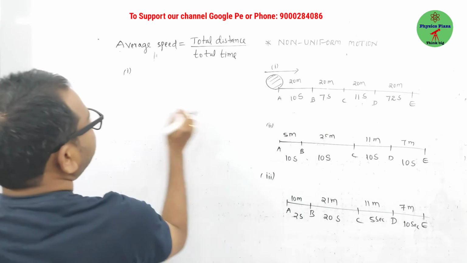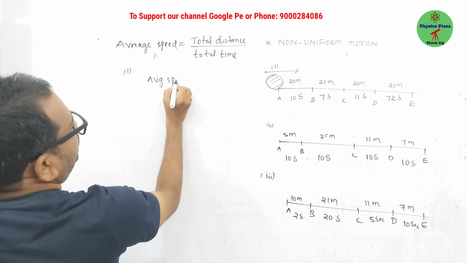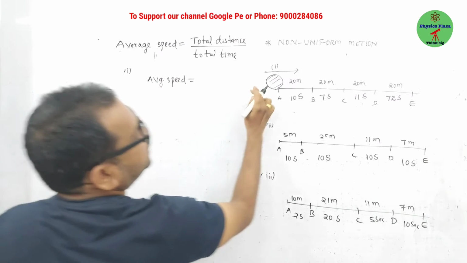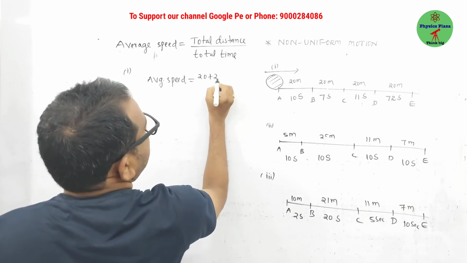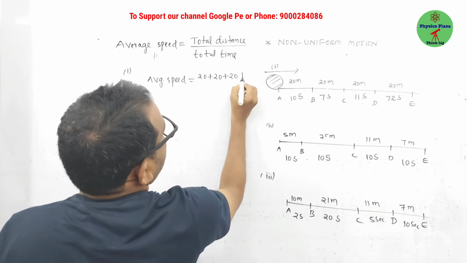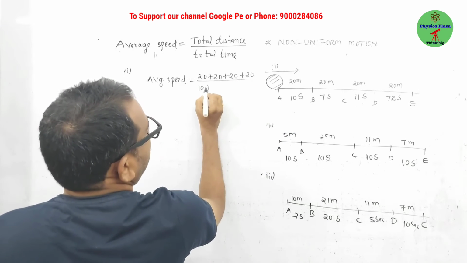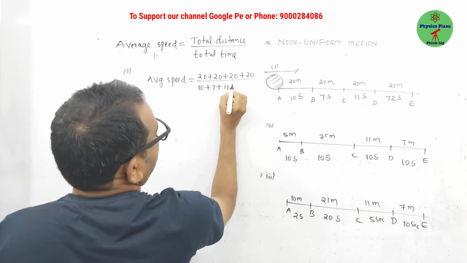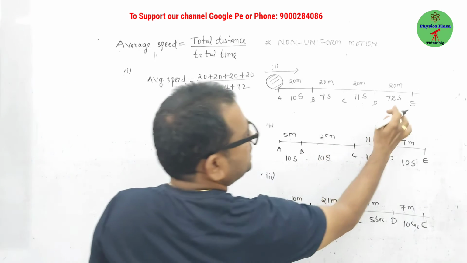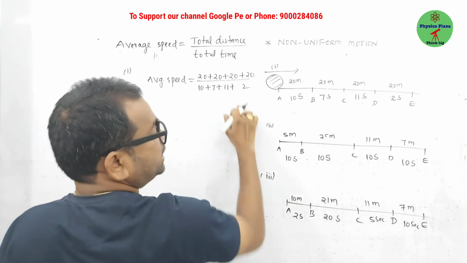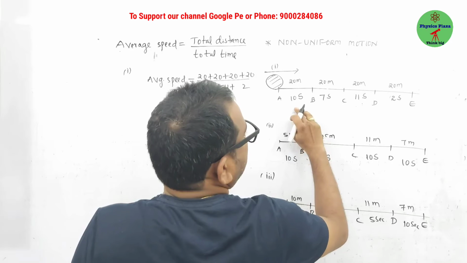So in the first case, I want to calculate the average speed. For the total distance, add the distances: 20 plus 20 plus 20 plus 20. Okay, fine. Now the total time: 10 plus 7 plus 11 plus 72. Oh my god, it's going to be big. Okay, for example, let us say it is 2 seconds only, just for the sake of my understanding.